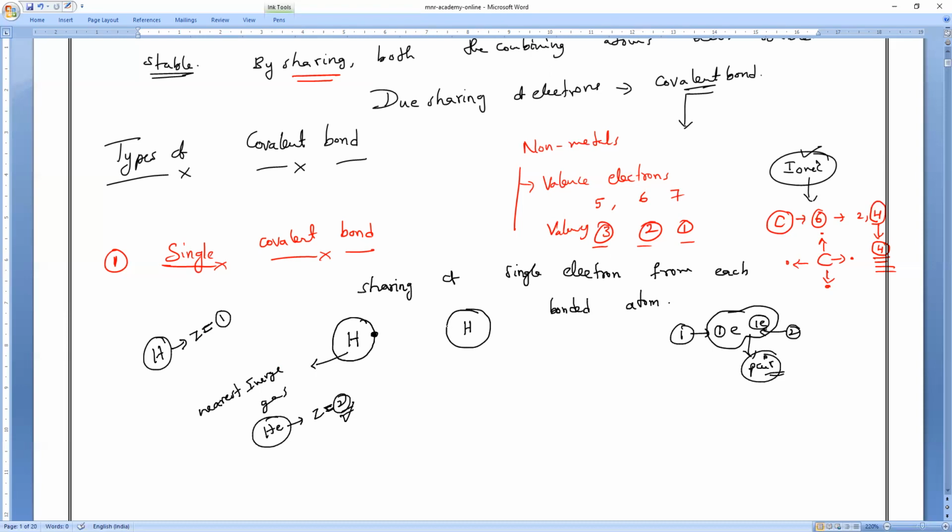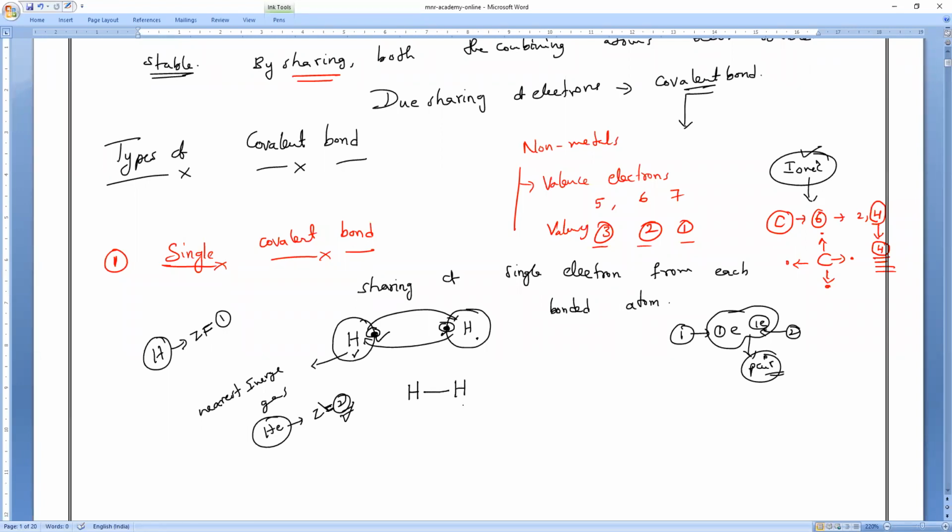So it will combine with one more hydrogen atom, and this hydrogen will share an electron with this one, and this one will share with that one. Each hydrogen atom feels it has 2 electrons. So totally a single pair of electrons is shared between them.